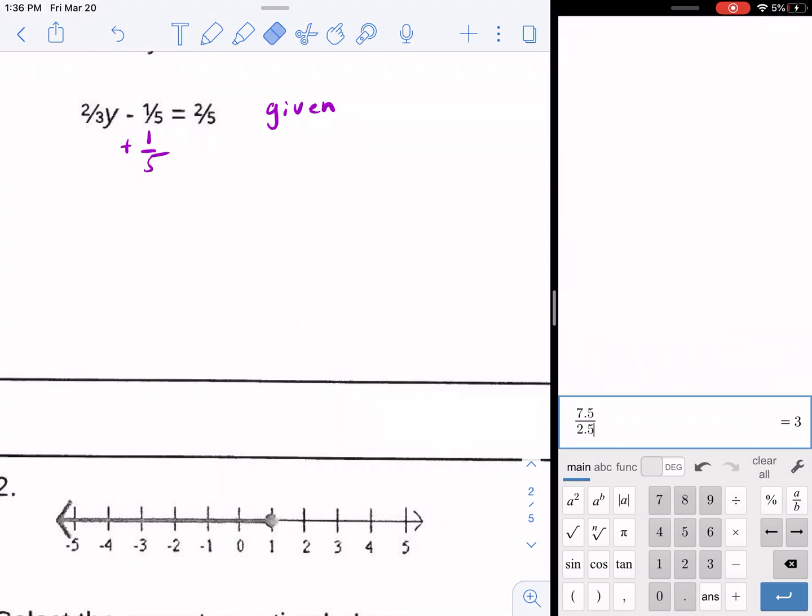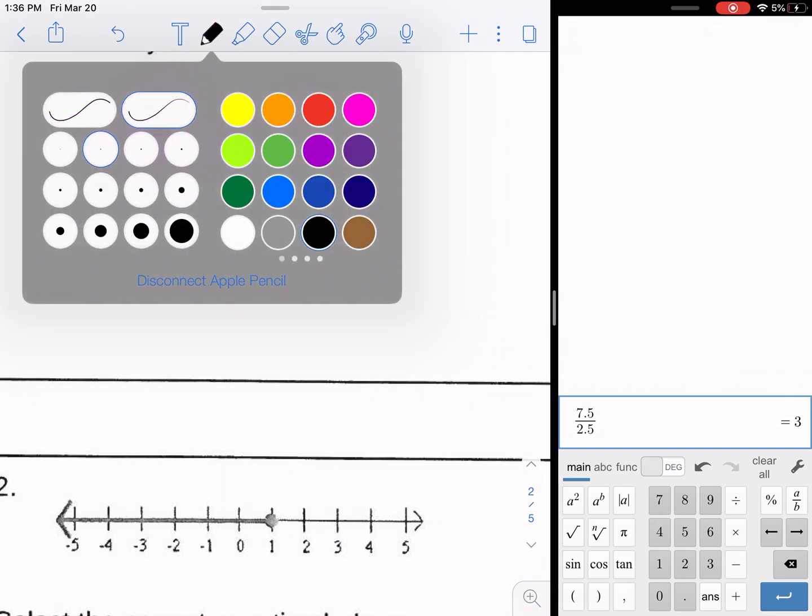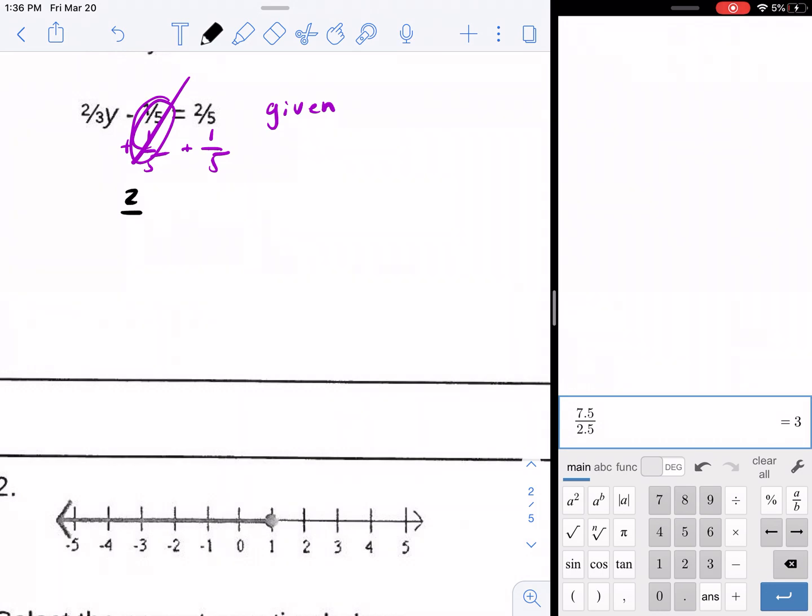Just like that. We have a negative 1/5, a positive 1/5. Well, that's 0. That goes away. And we're left with 2/3 y. And we got 2/5 plus 1/5, that equals 3/5.